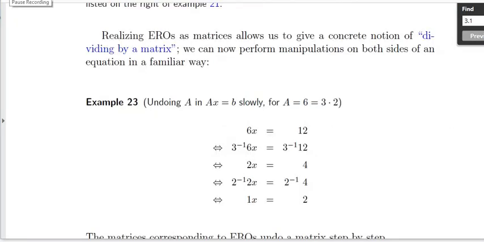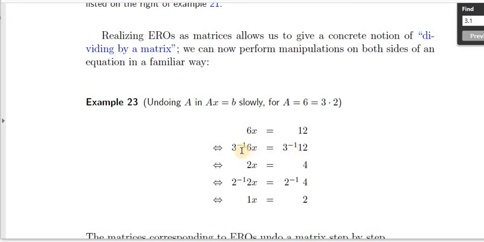This gives us a way of comparing the process of solving linear equations to the process of solving an ordinary algebraic equation. For instance, if I have an algebraic equation 6x equals 12, I solve this by doing the same thing to both sides. Doing the same thing to both sides does not change the solution.